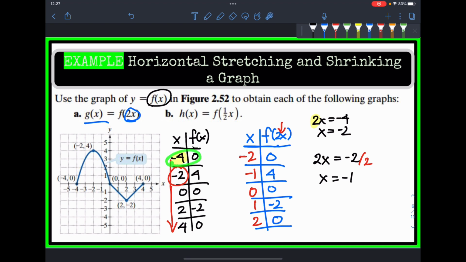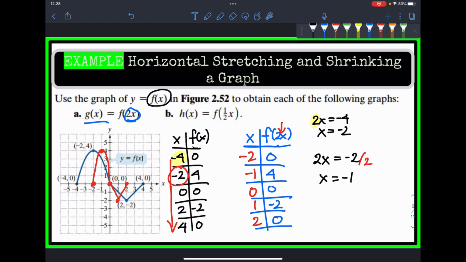So this point to this point, this is now going to be -2, 0. -1, 4 is where that relative max is located. We're still going through the origin, that doesn't change. The change in direction here in the v is at 1, -2, and now we're at 2, 0. So our graph looks like this.